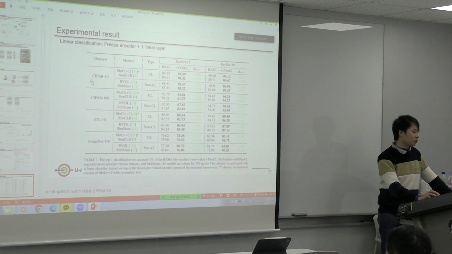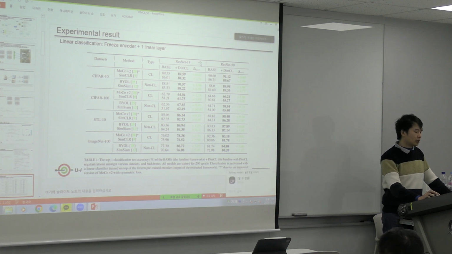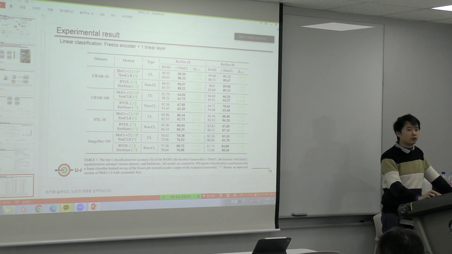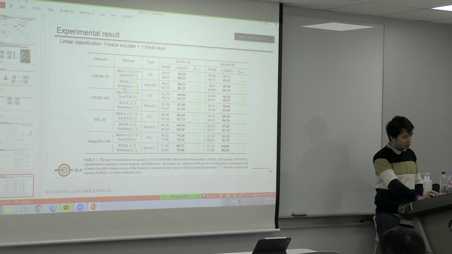Here we have small datasets: CIFAR-10, CIFAR-100, STL-10, and ImageNet-100, which is a smaller version of ImageNet. We have to show that our method outperforms previous methods.